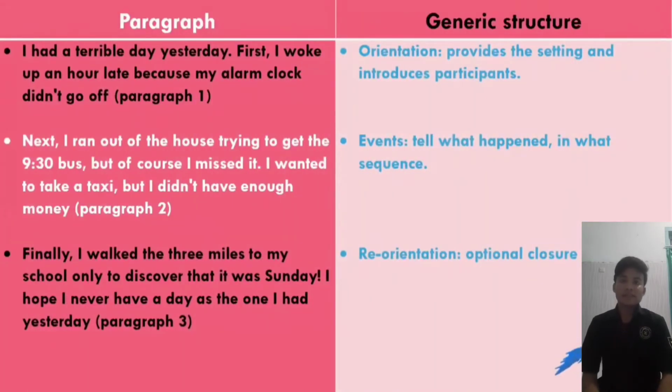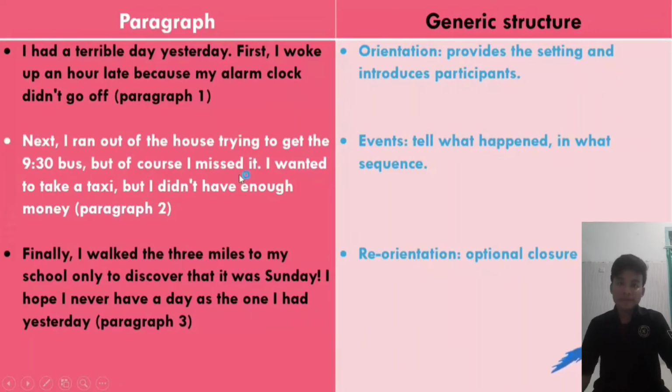So for the next is generic structure. Okay, here we have the previous example that is about recount text. For the first paragraph, for the first text is about orientation. It provides the setting or introduces the participants. So all my students, for the second text is about the events.